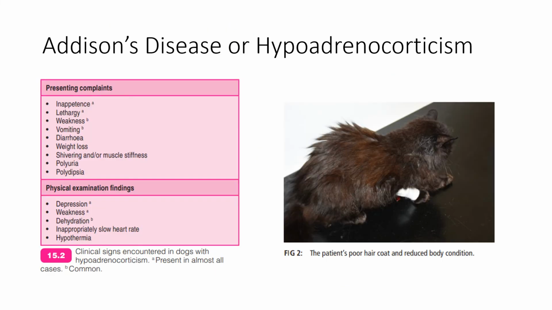So there are actually two diseases, similar to thyroidism. You also have your hypo and your hyper. Hypoadrenocorticism is actually your Addison's disease.